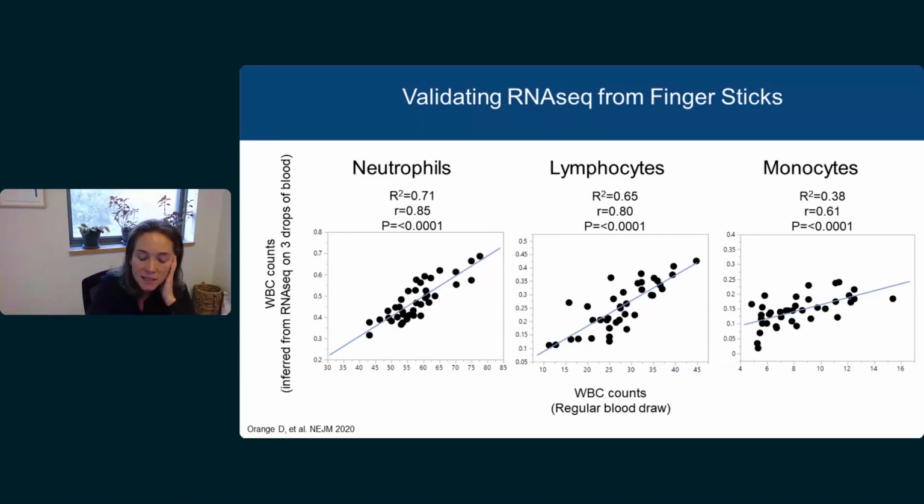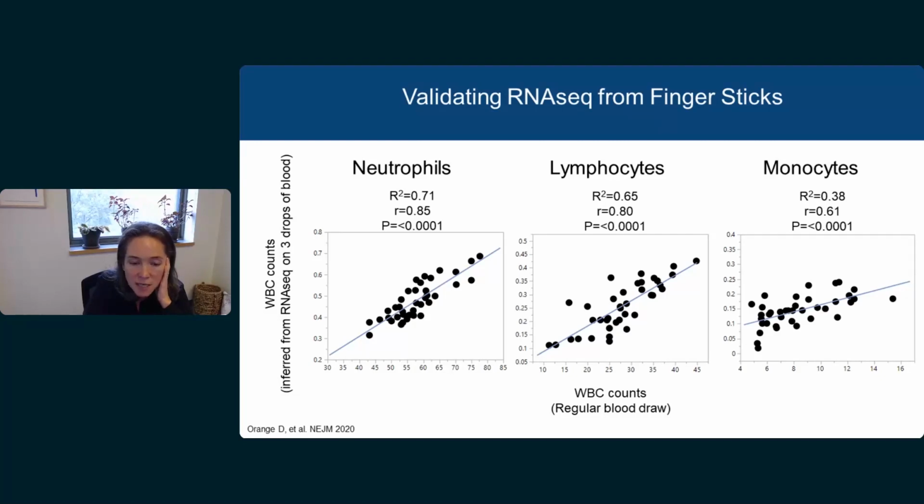And the first thing you might say is, how can you think that you're going to measure anything believable from just 3 drops of blood? And so here's how we were validating our fingerstick RNA sequencing by comparing fingerstick RNA sequence data to white blood cell count data that was collected from a regular venipuncture blood draw.